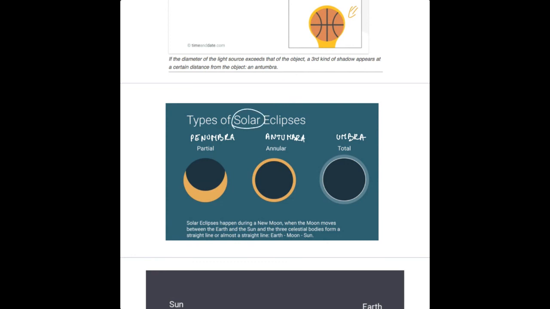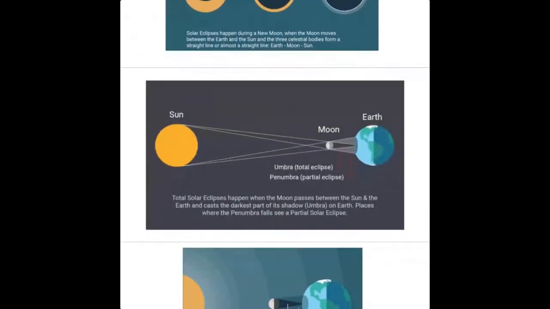Okay, now we are talking about solar eclipses. You know that solar eclipses only happen when the Moon passes between the Sun and the Earth. So what happens then? This is your light source, LS, and this is the basketball.